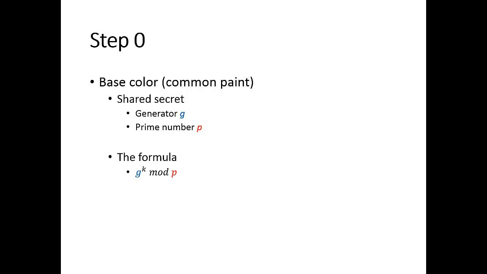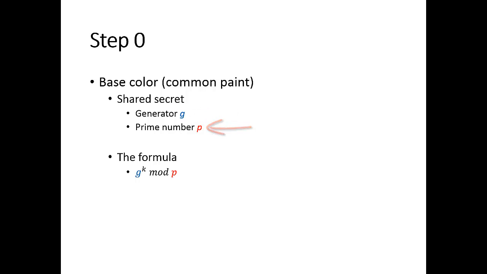In reality, this base color actually consists of three different parts. The first part is the shared secret, and the shared secret consists of two numbers. One is called the generator, the other is called a prime number.